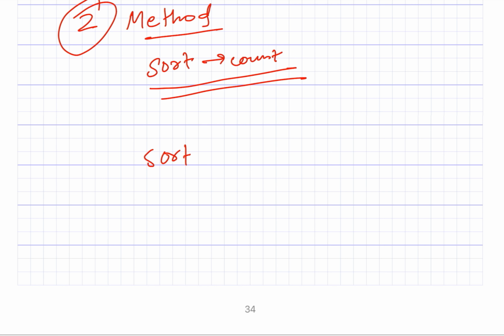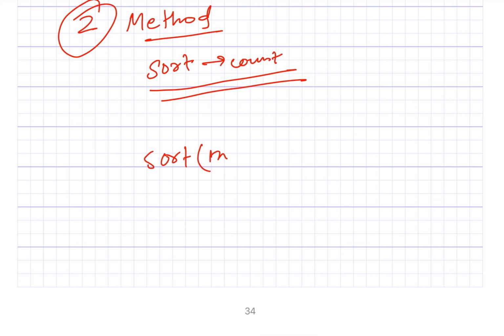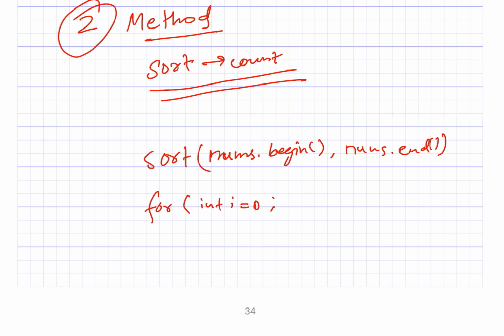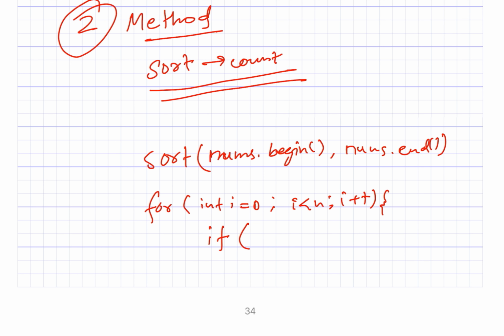First we will sort our given array, that is nums. After sorting, we will just walk through the array, that is we will check from i equal to 0 to n. We will have a temp that is set to int max to avoid collision.